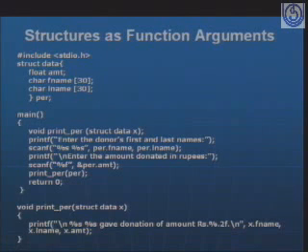Then comes enter the amount donated in rupees, so I captured the amount also. Right now we have the values of the first name, the last name and the amount for the structure variable called per. I want to transfer these actual arguments to the function called print per.